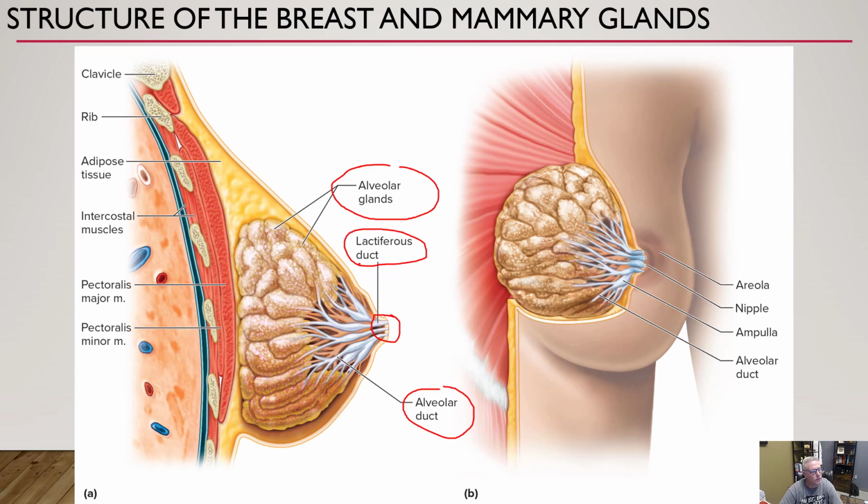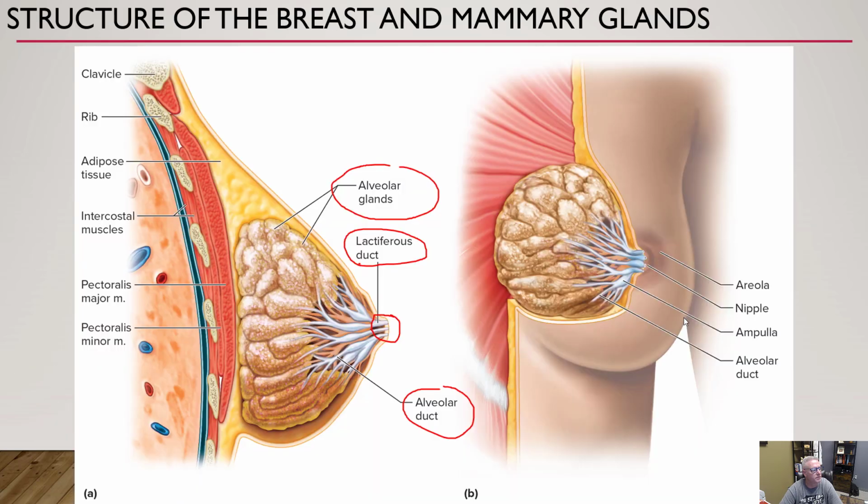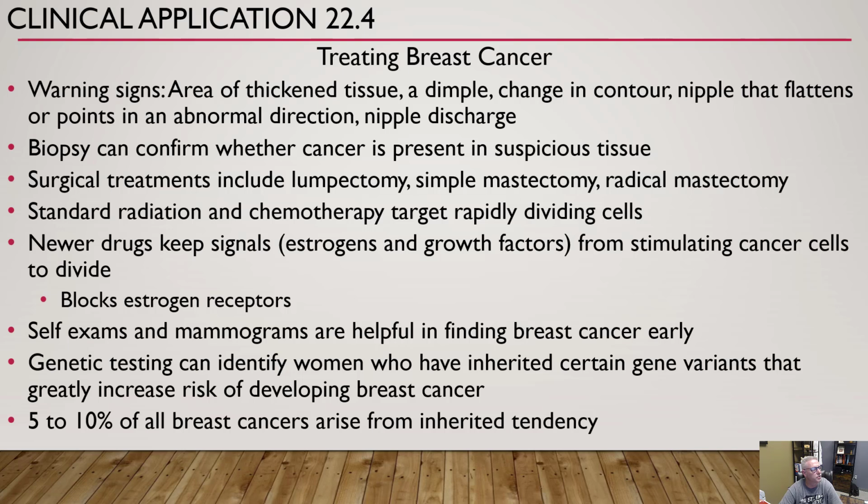Now, males and females have very similar mammary glands, but it's not until puberty that we start to see the differences in the structure. Ovarian hormones stimulate the development of the mammary breasts in females. But structurally, both males and females have very similar breast structure.